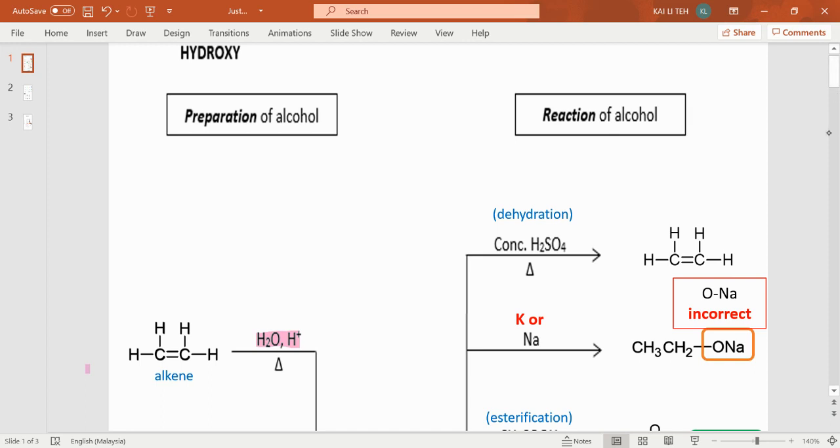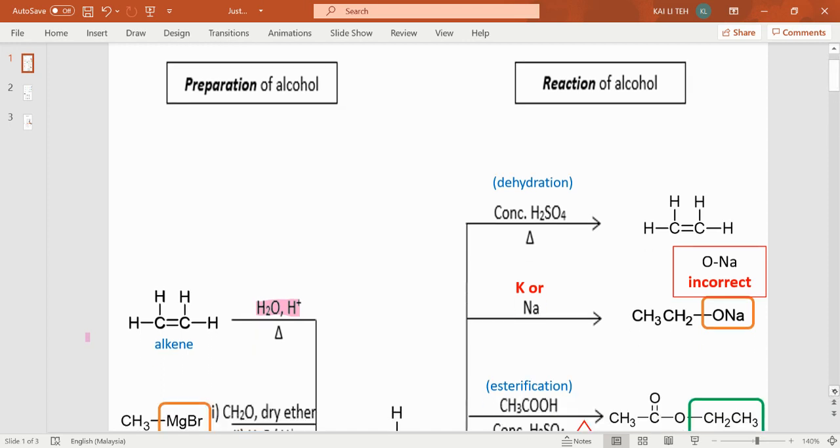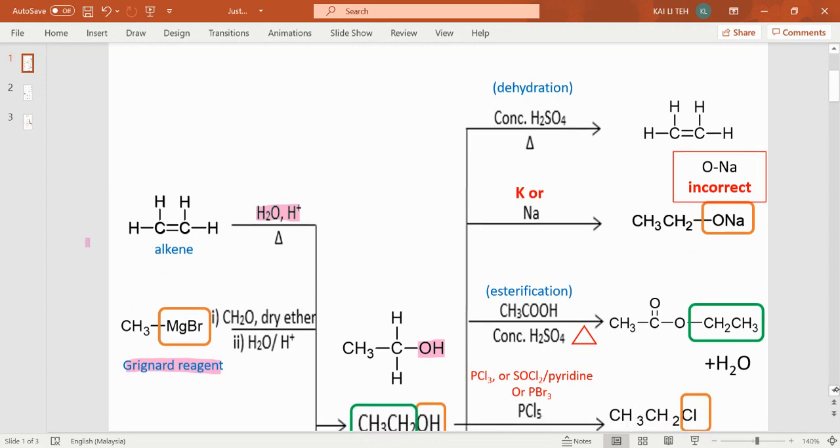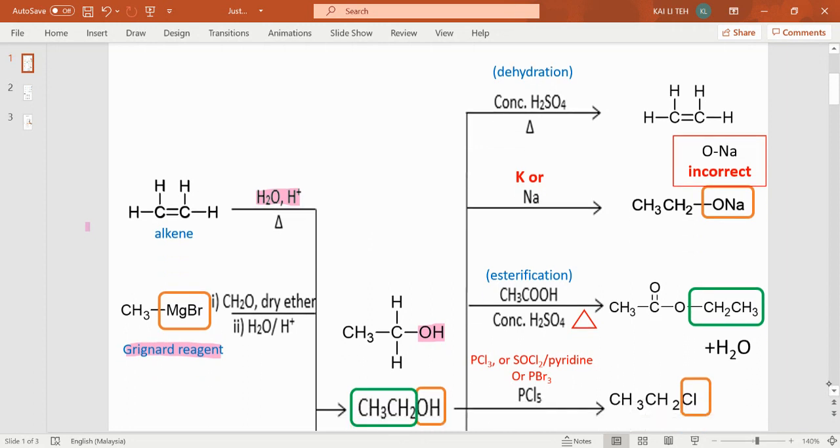Just now we have alkene becoming alcohol, and we also can have alcohol becoming alkene using concentrated sulfuric acid dehydration.